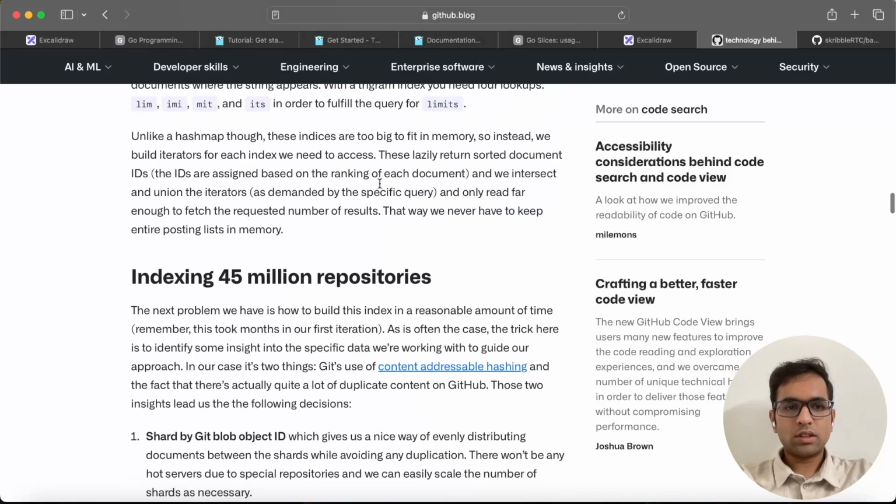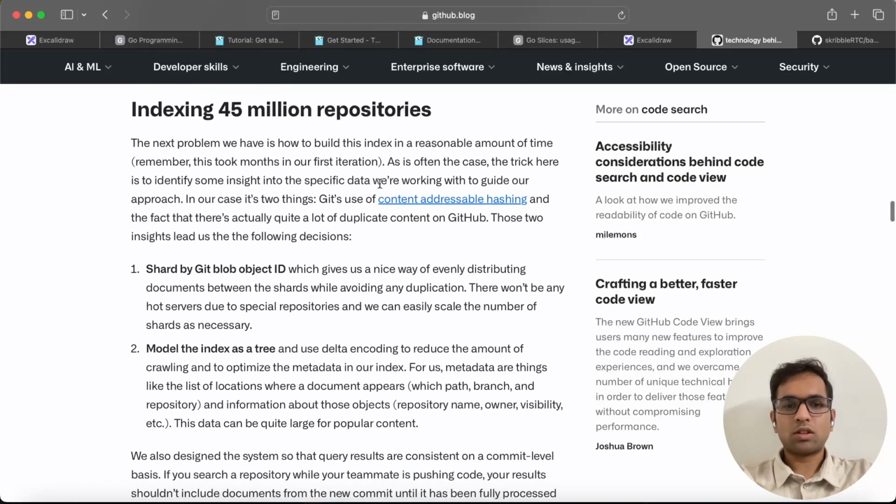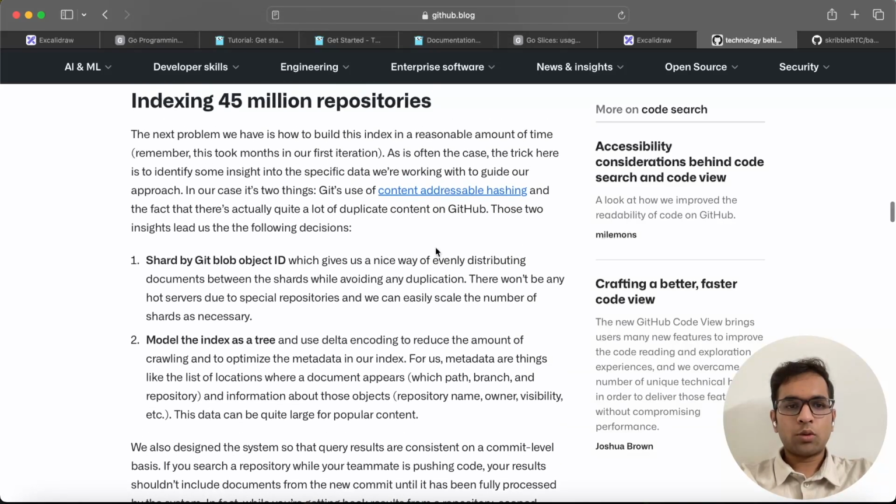This is the scale of GitHub, and at this scale, there are very small things that have to be taken care of, which can turn out to be hell in the long run, right? So now, how are these 45 million repositories indexed?